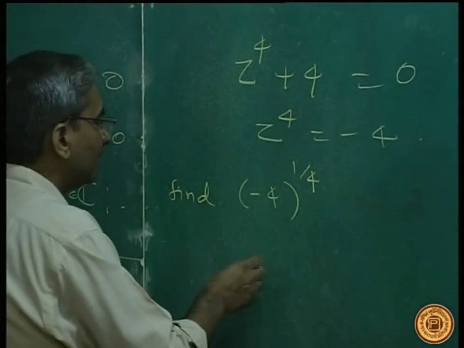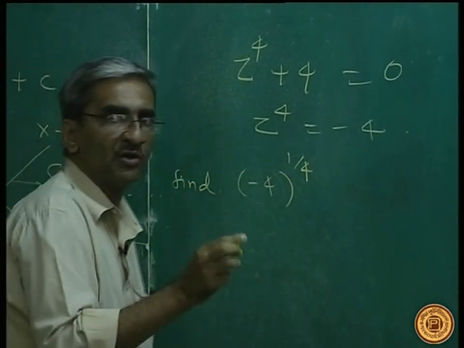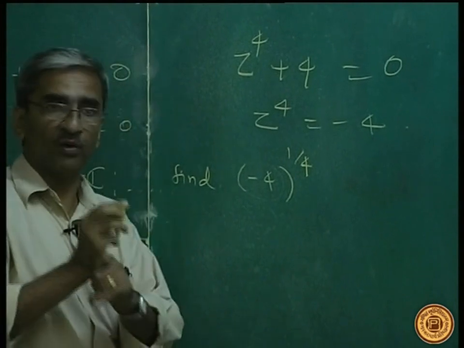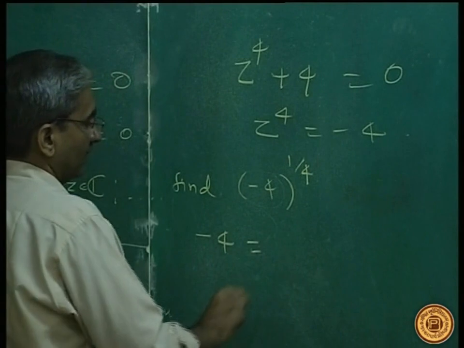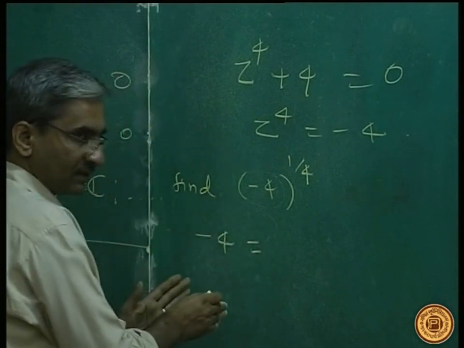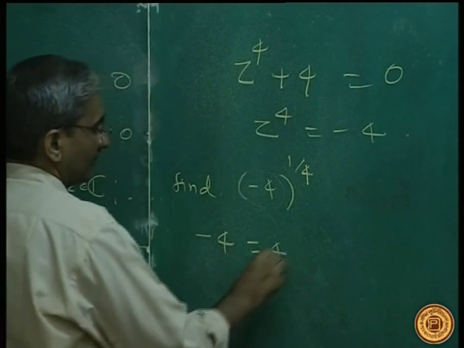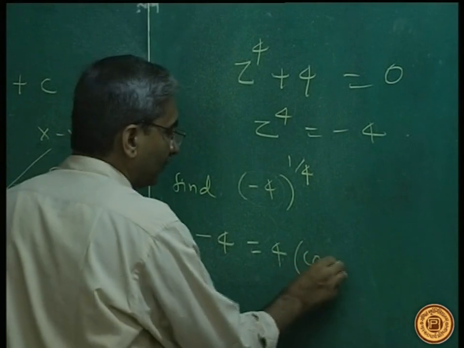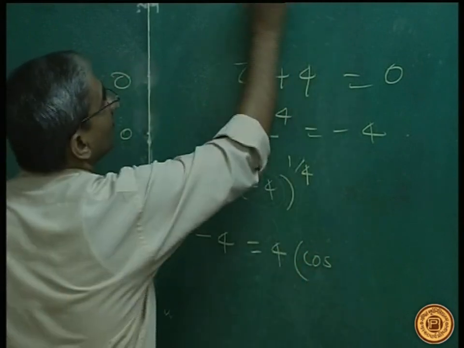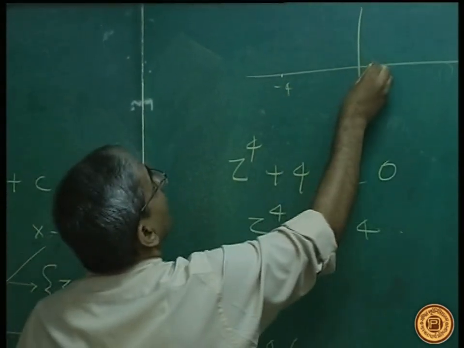And the formulae is that you first of all express this complex number whose roots are to be evaluated in polar form. That means minus 4 you write as modulus of this, which is plus 4, into cosine of argument of this. Now, what is argument of minus 4? Minus 4 is here, so argument is pi.